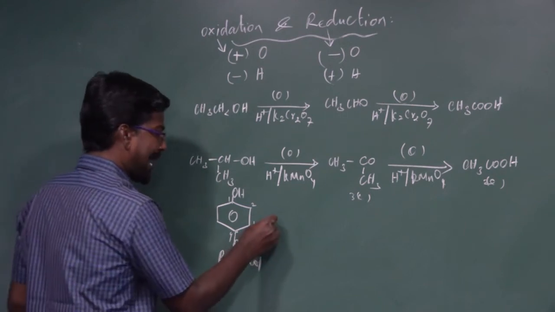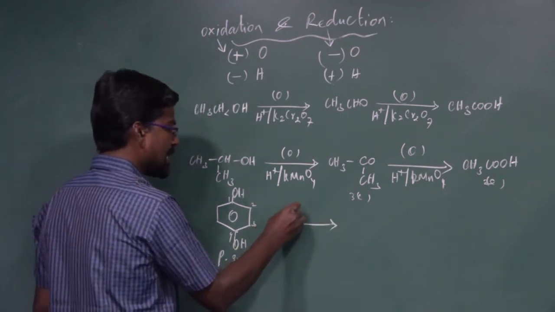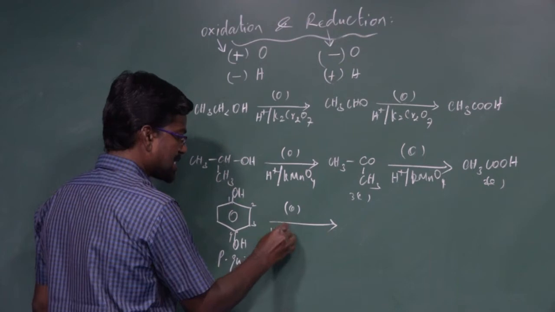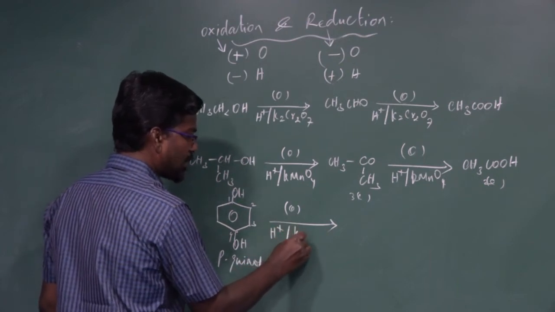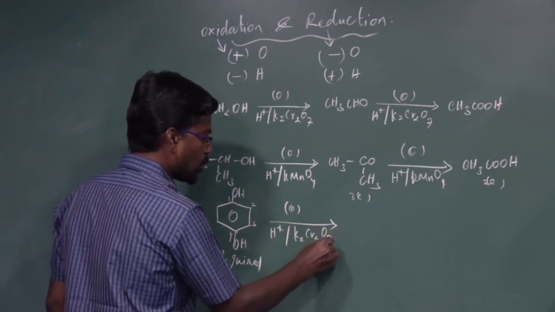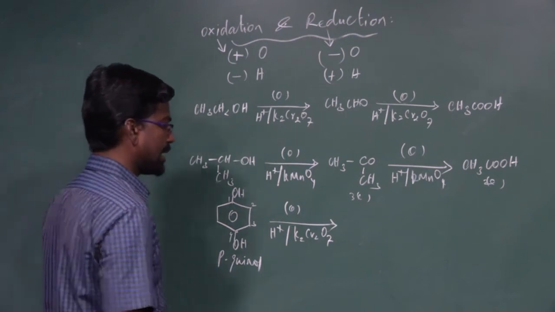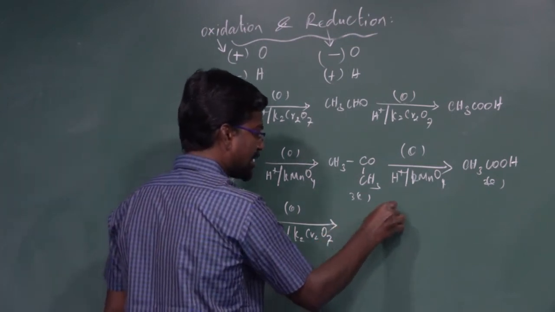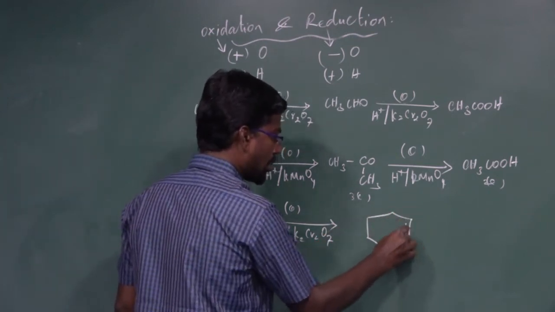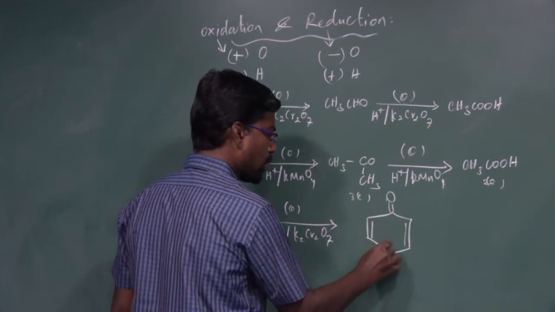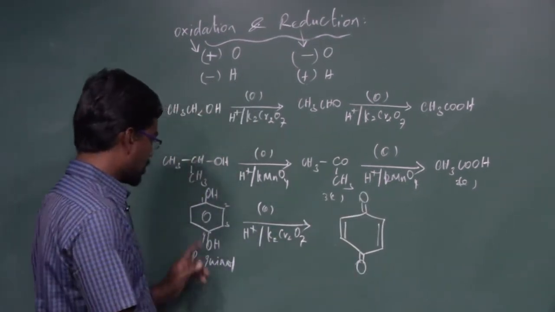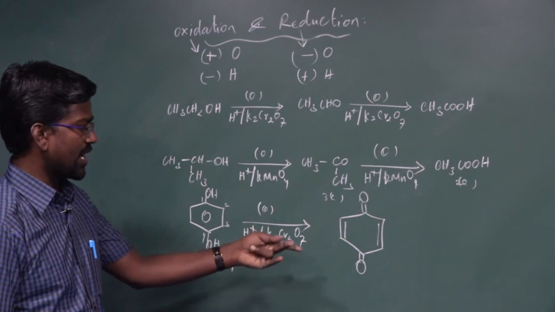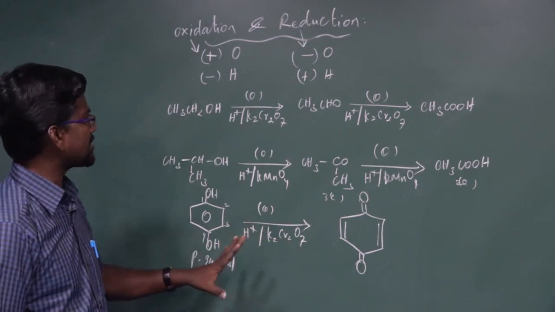Paraquinol is oxidized in the presence of acidified potassium dichromate, K2Cr2O7, and converted into quinone, with a double bond to O. So removal of hydrogen as well as addition of oxygen is known as an oxidation process.